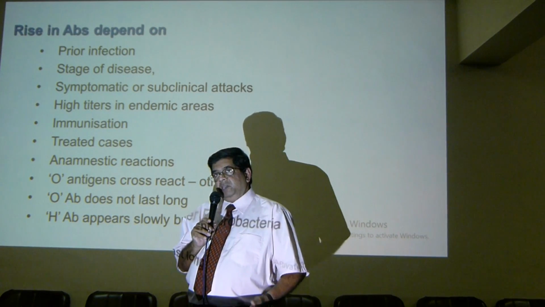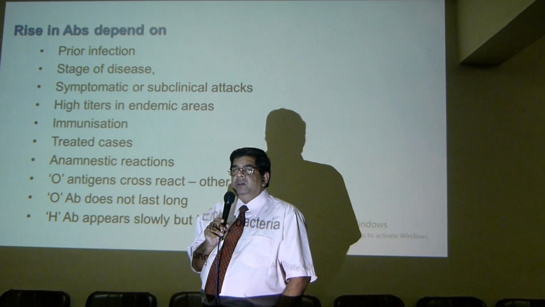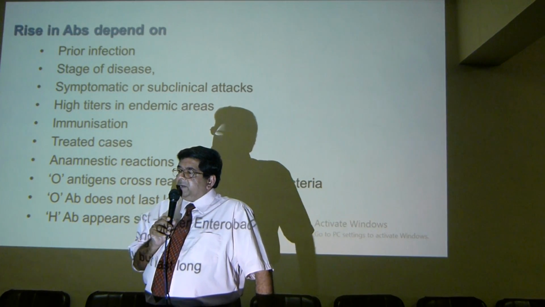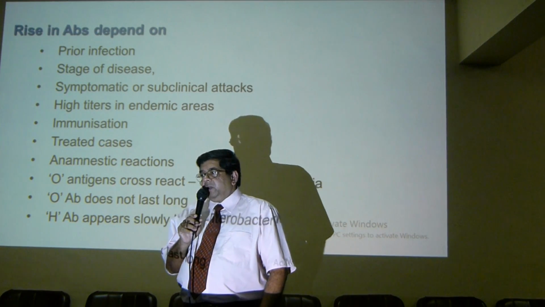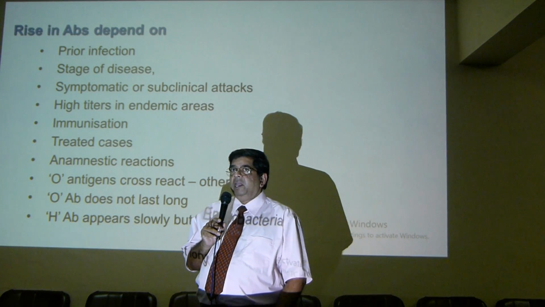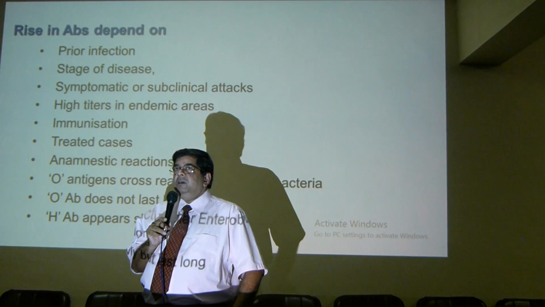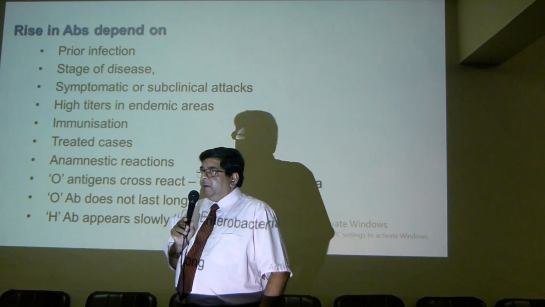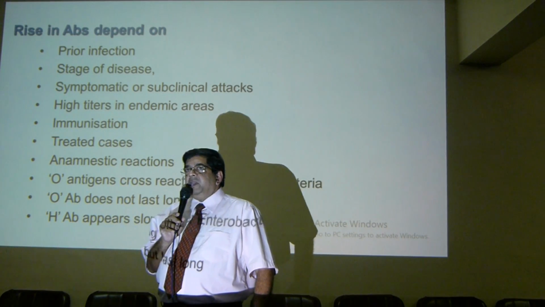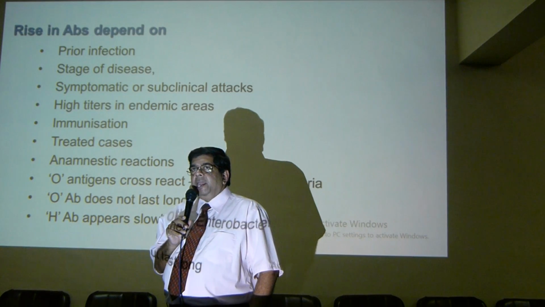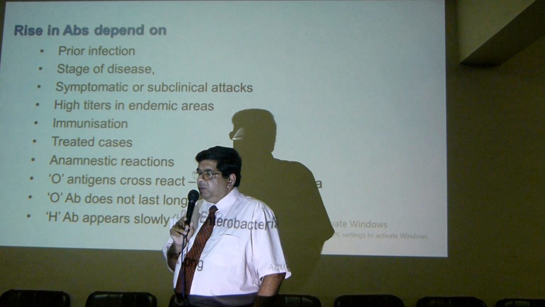Stage of the disease, as I said earlier, the disease, no antibodies. Symptoms of subclinical attacks may cause antibodies to rise. High titers in endemic situations, like in areas like Sri Lanka, India, and the Asian countries, the South Americas, these are the places which are endemic for enteric fever.